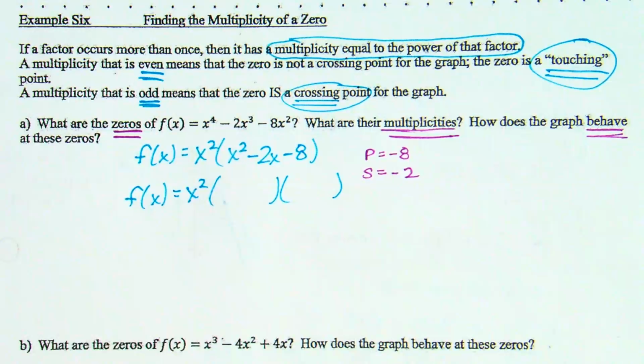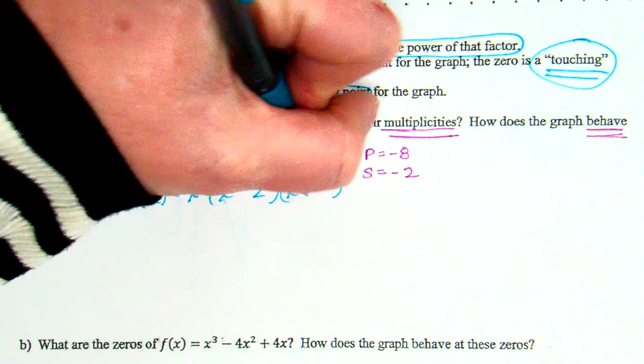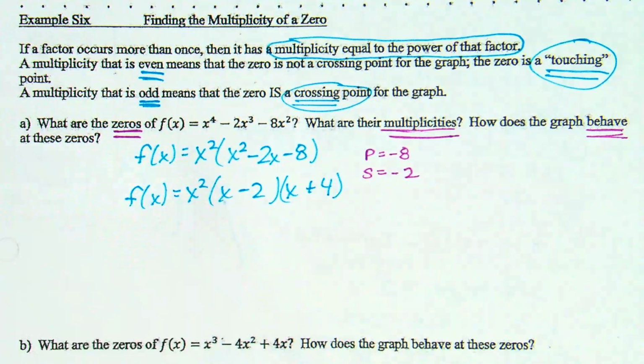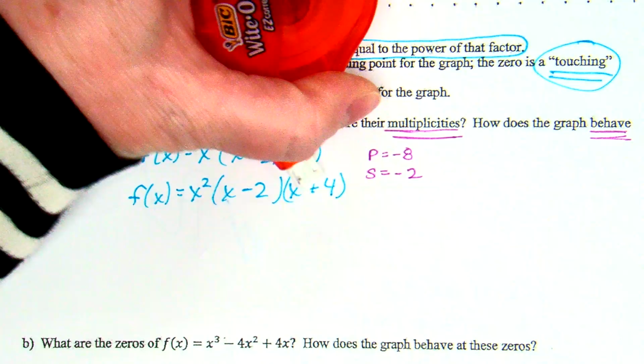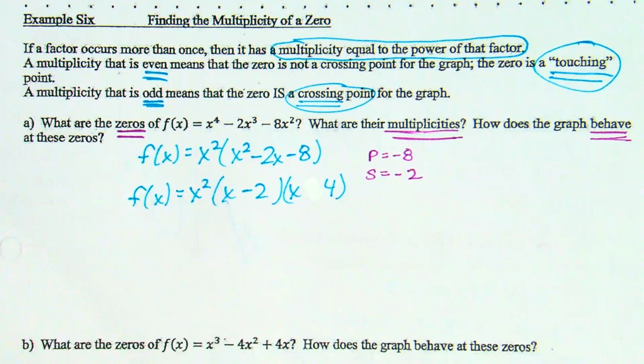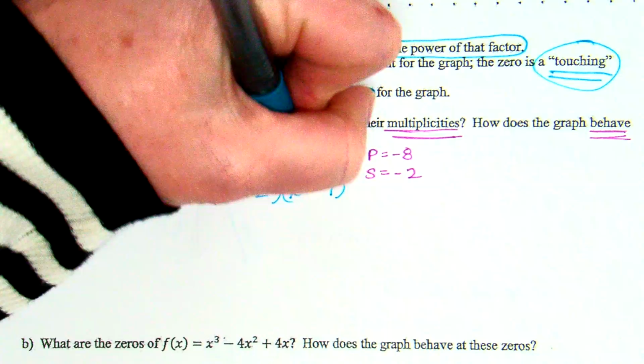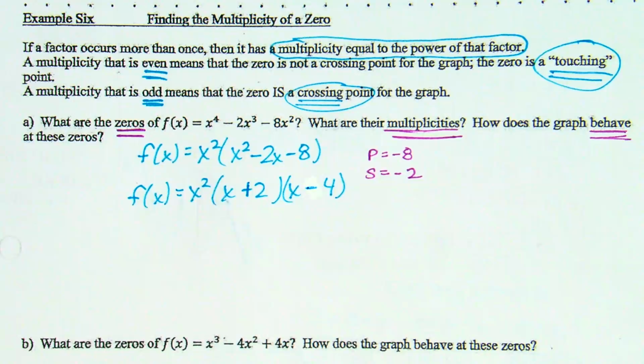What multiplies to be -8 and adds to be -2? -2 and +4. -2 times 4 is -8. Yes, we're going to get +2. Thank you. How about +2 and -4? My apologies. Is that better? Because +2 times -4 is -8, and 2 plus -4 is -2.